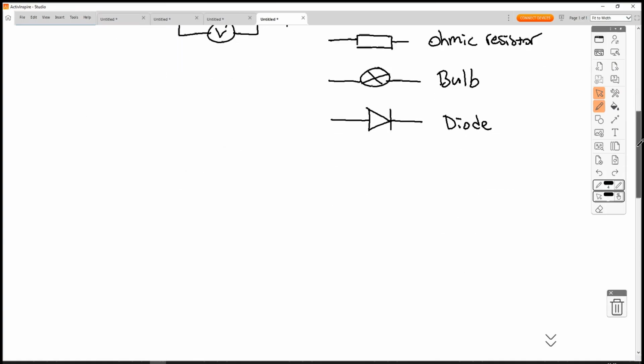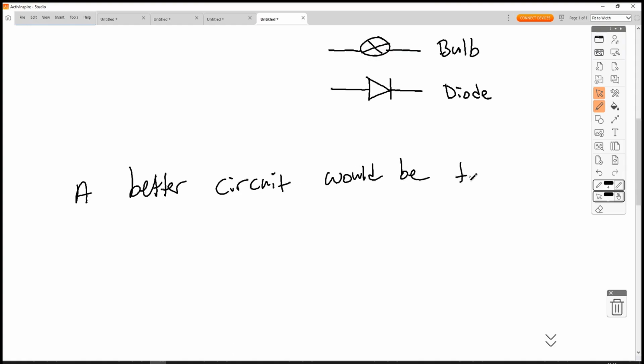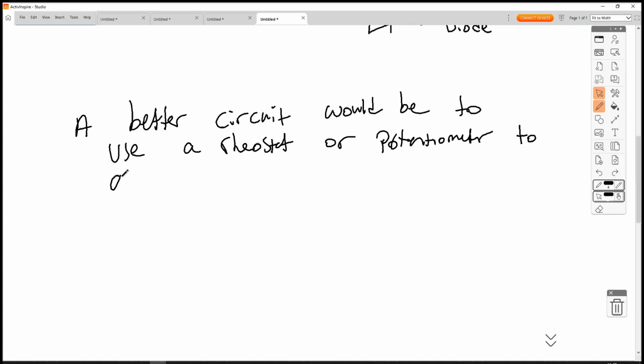So a better circuit to conduct the experiment would be to use a rheostat or potentiometer to act as a potential divider.